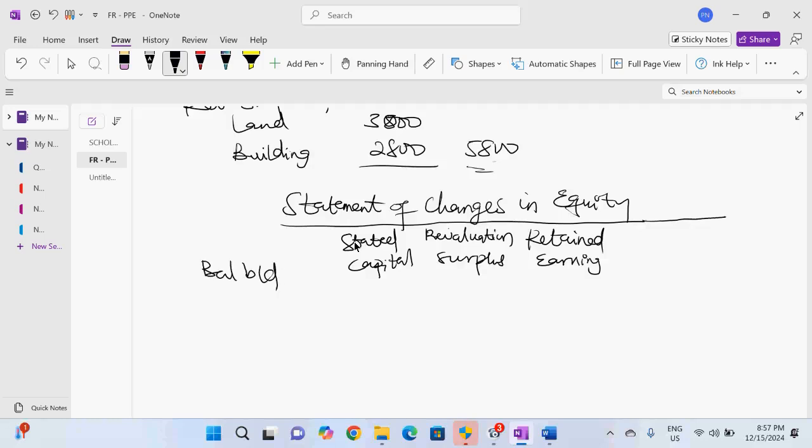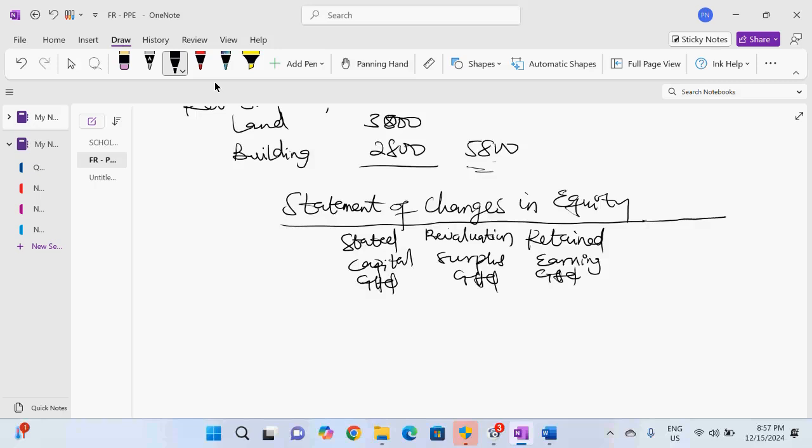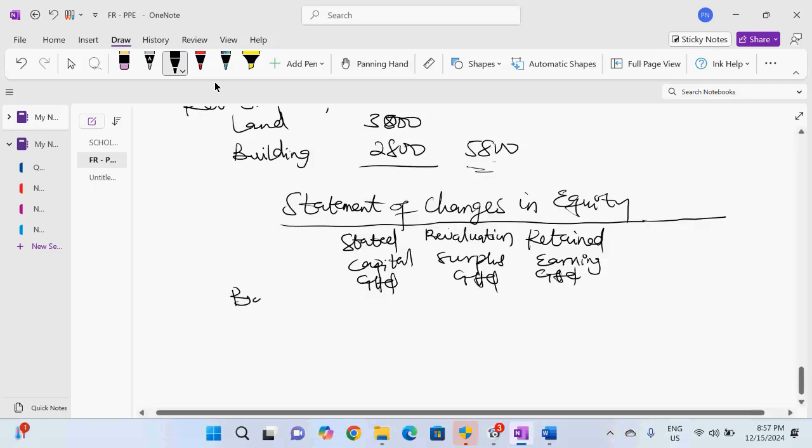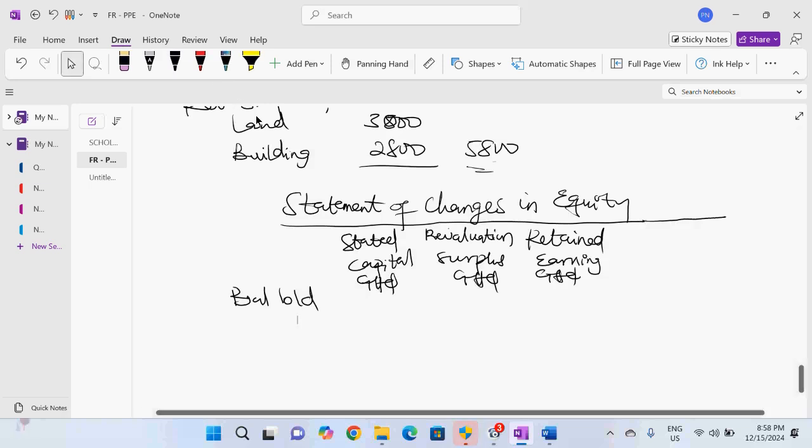Do you have any balance brought down? What is the balance brought down? Stated capital. We don't have any balance brought down.